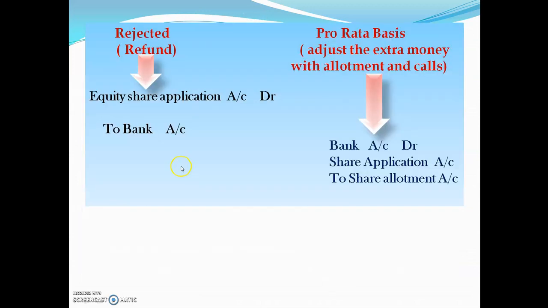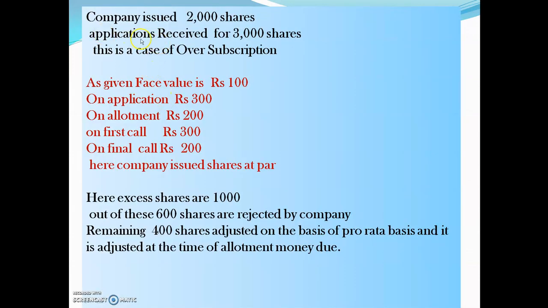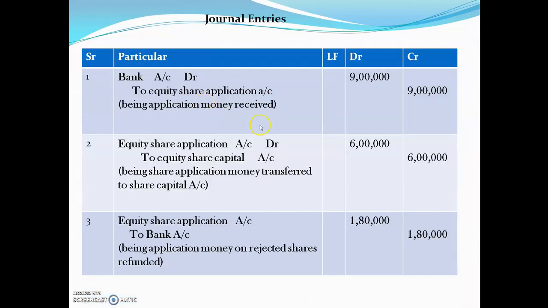Here we have to take the number of shares issued by the company, that is 2,000, multiplied by 300, that is the application money per share. 2,000 multiplied by 300, the amount will be 6 lakh. Okay, being share application money transferred to share capital account.